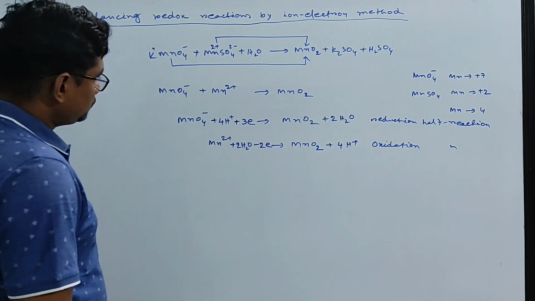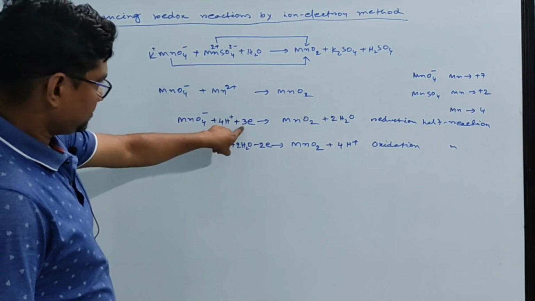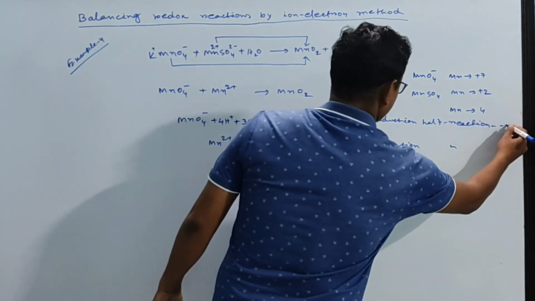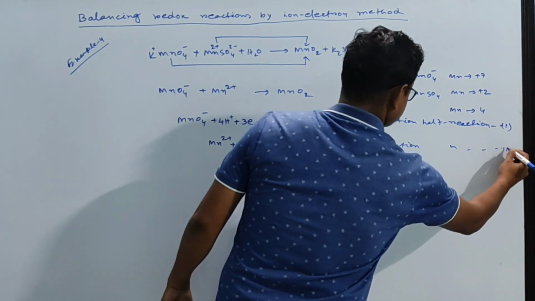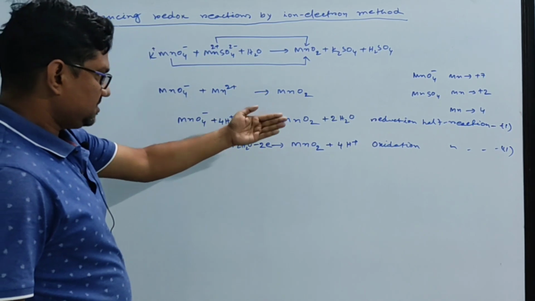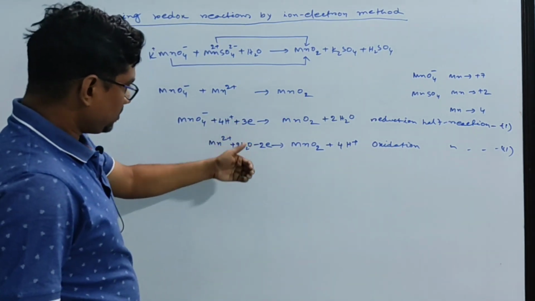So what we will do, we will multiply this reduction half reaction, we can number it as 1 and this one as 2. So the number 1 reaction, the reduction half reaction, we will multiply with 2. Why?